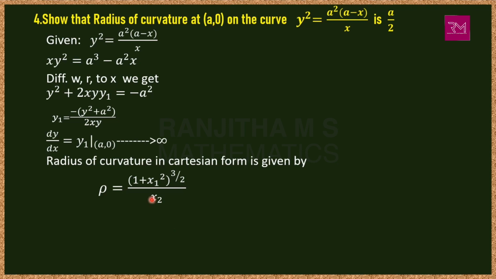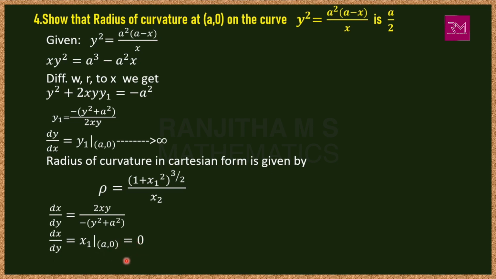To find x1, if we take the reciprocal of dy/dx, we get dx/dy as 2xy divided by minus (y² + a²). Now we can substitute the point (a, 0). If we substitute x as a and y as 0, we get dx/dy as 0 itself. Hence x1 is 0.